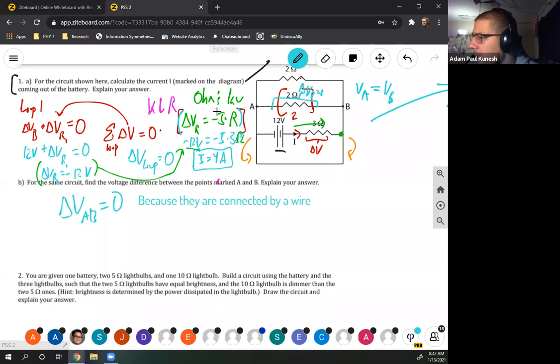But when I look at Ohm's law, delta V equals negative IR, what that tells me is that this wire here made it so that no current at all is flowing through this upper resistor.